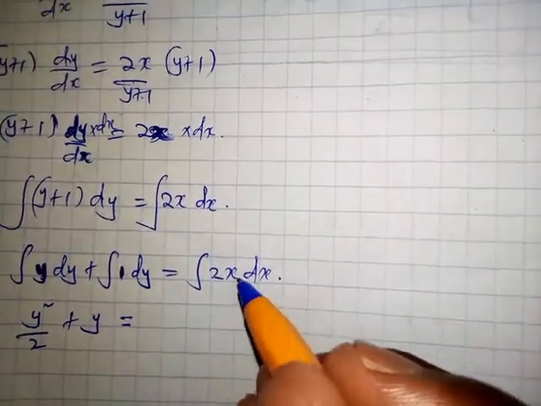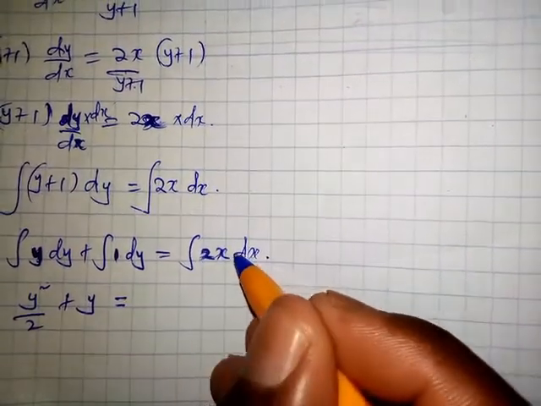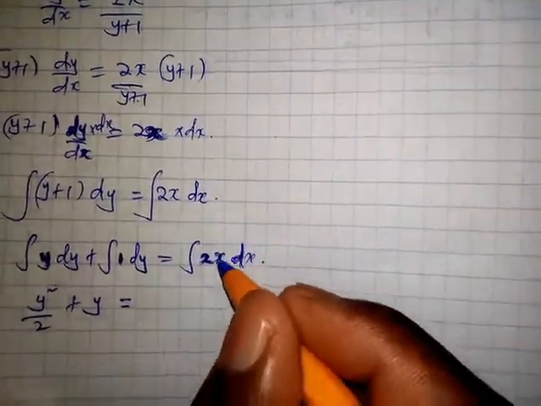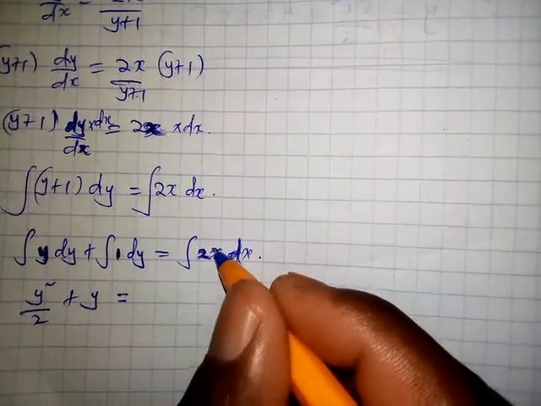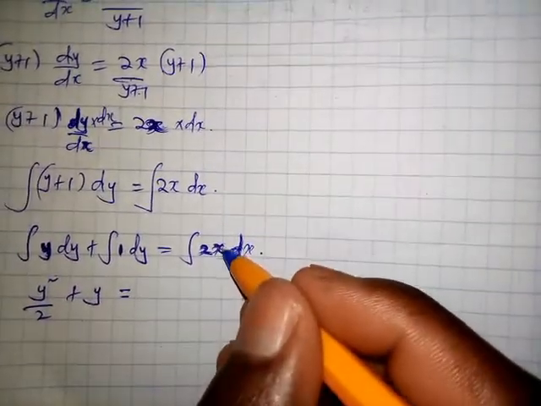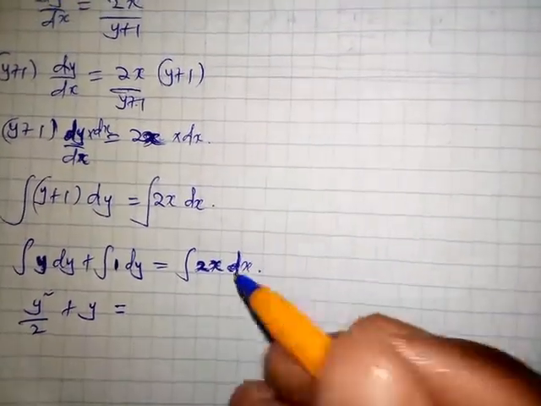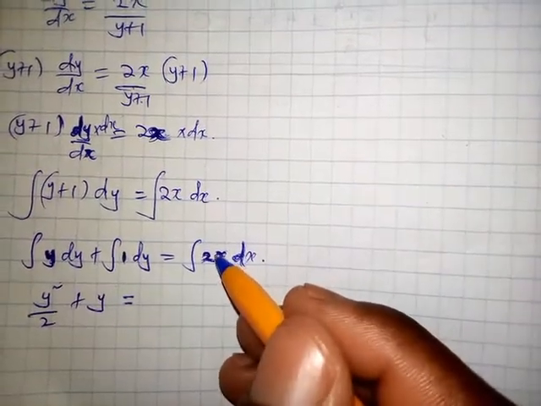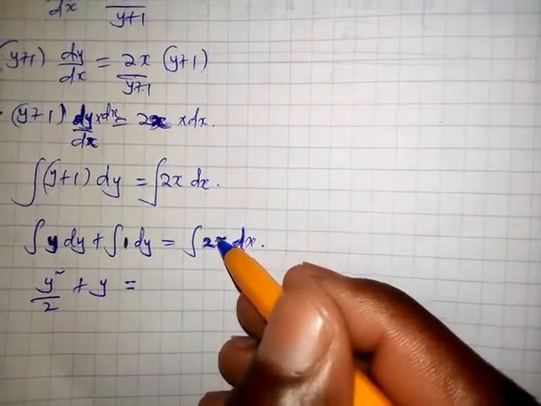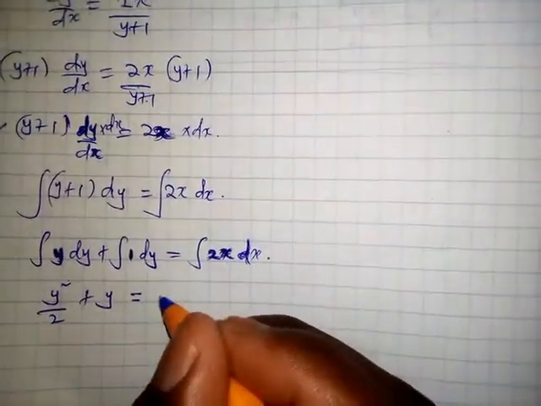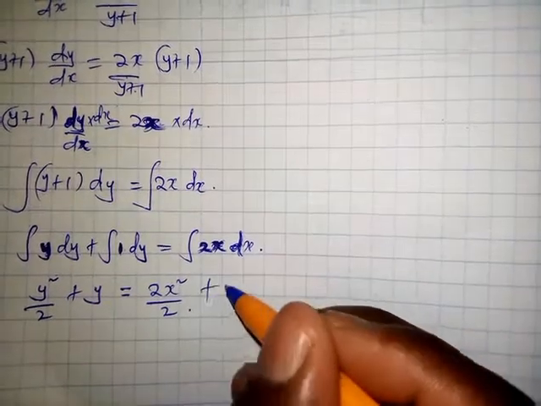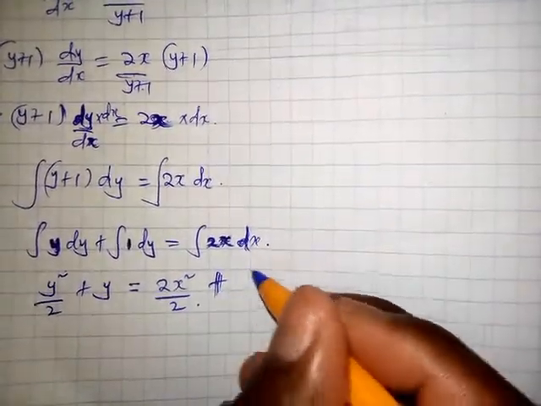Equals the integral of 2x dx. If we integrate 2x with respect to x, since the power of x is 1 here, we increase by 1, we have x squared, then we divide the integrand by the increased power, so it becomes 2x squared over 2 plus the arbitrary constant c.